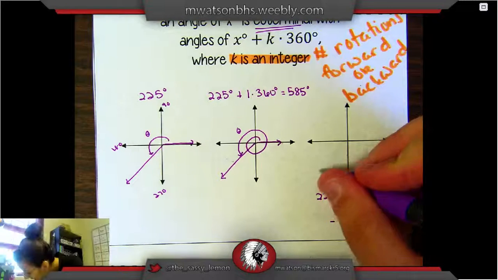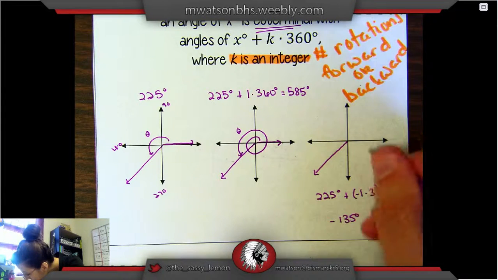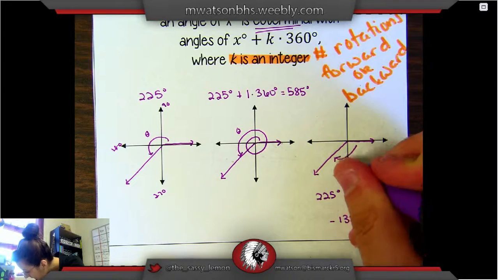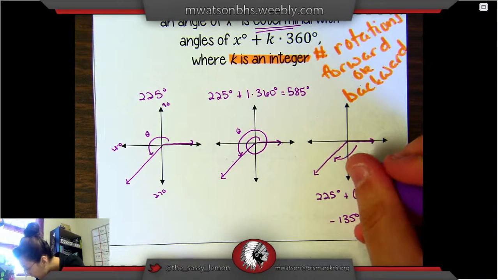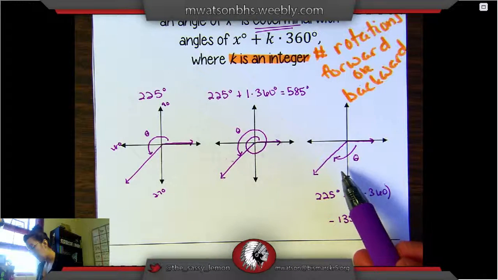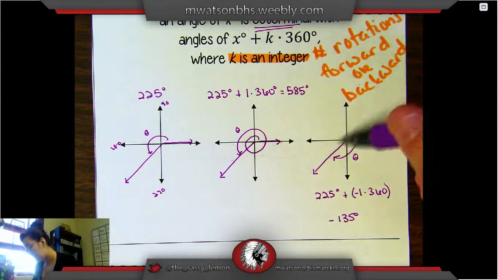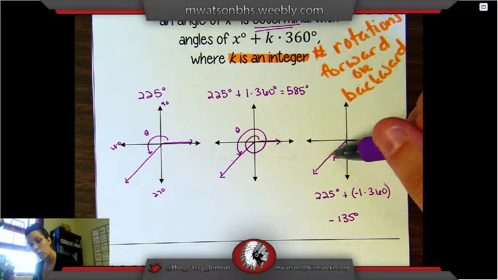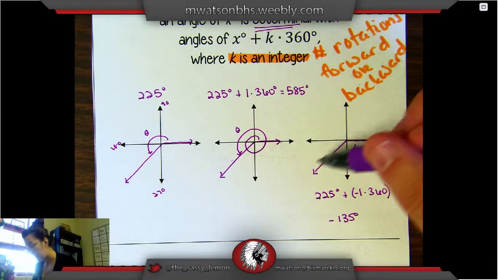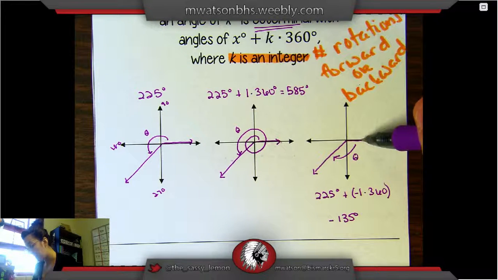Remember, it should have the same terminal side, same initial side, but this time we're going backward. That's where we end up. If you think about it, this makes sense because this is one full rotation backward from the angle 225.